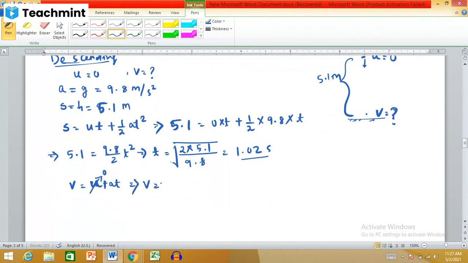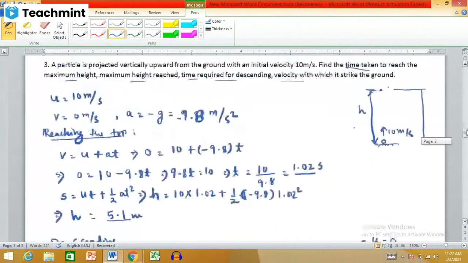So our v becomes 9.8 into 1.02. This is equal to 10 meters per second. That means it will strike with the same velocity with which it was initially projected upward.